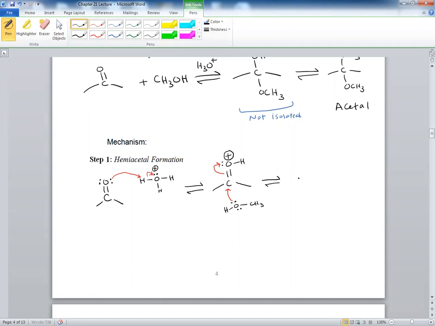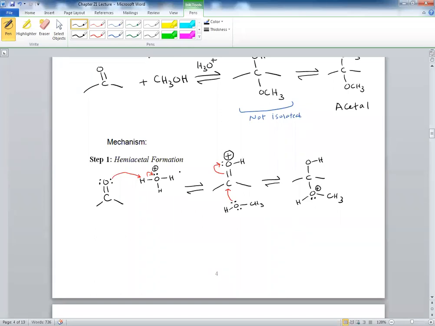Remember, this is an equilibrium method, so you have to draw those equilibrium arrows all the way through. So there's a positive charge here. You know what to do now.